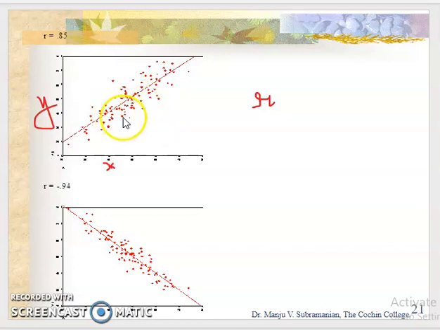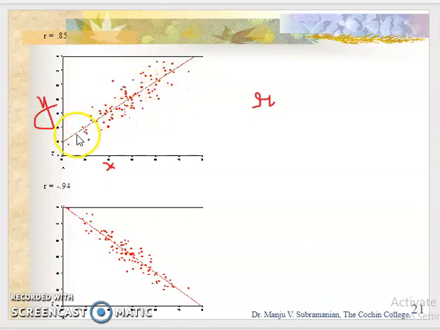If the points are scattered far away from a straight line, we say that the variables are not much correlated. And if the dots are along a single line, then we say that it is correlated, there is a good correlation.